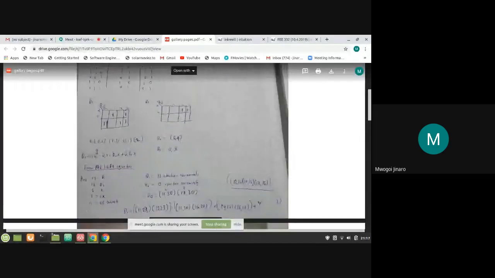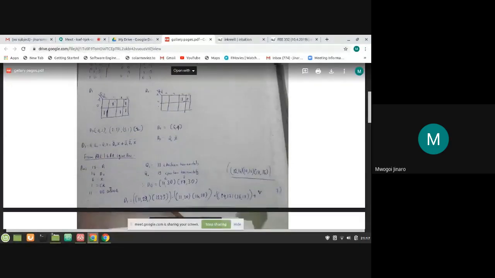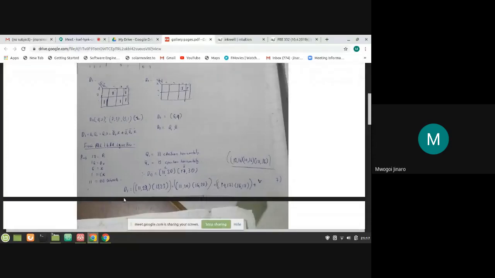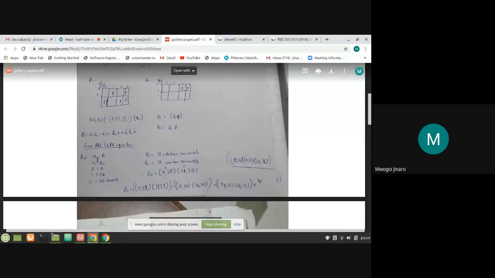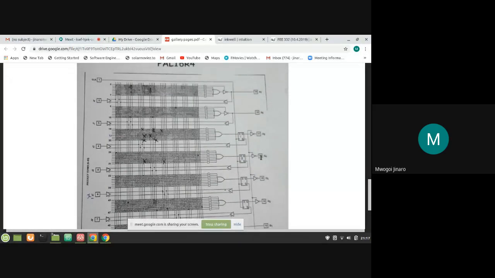Then there are some things you also told us to do when we were trying to draw using the PAL 16R4. So the D flip-flop D1 is pin 17. The D0 is pin 16. Then X is pin 6.